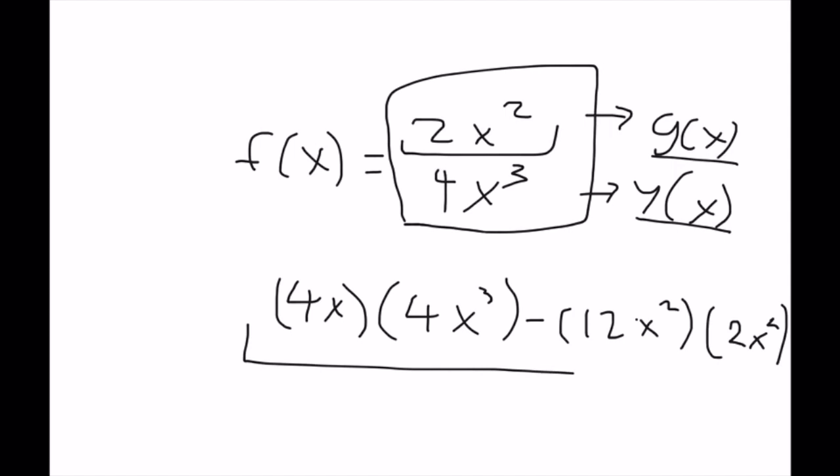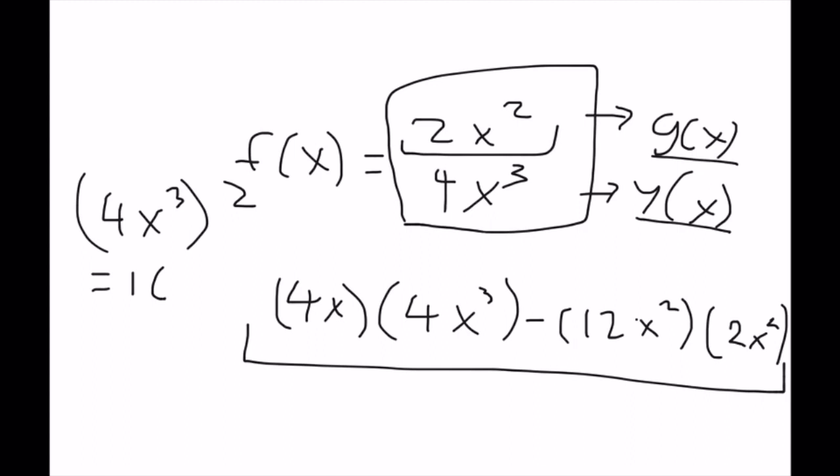Now over, if you recall the formula, the denominator of the derivative function is y of x the whole squared. So 4x cubed the whole squared is nothing but 16x to the power of 6.